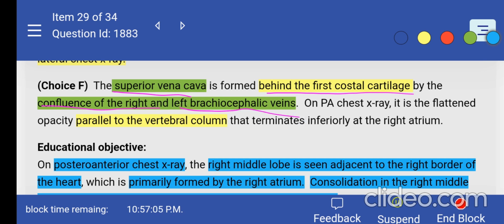They would come, right, and they will combine and form the superior vena cava. On posterior anterior chest X-ray, it is a flattened opacity parallel to the vertebral column, right? Okay, that terminates inferiorly at the right atrium.